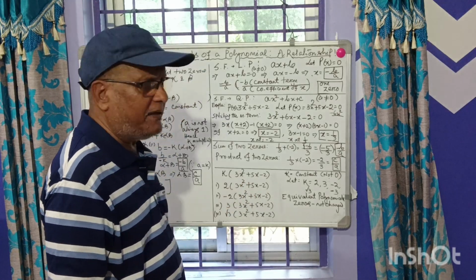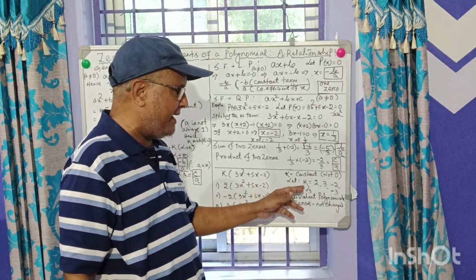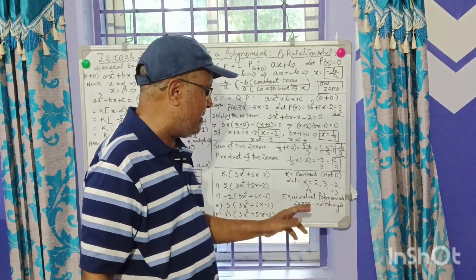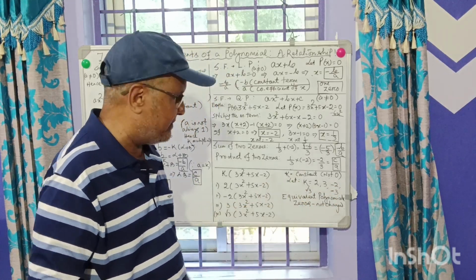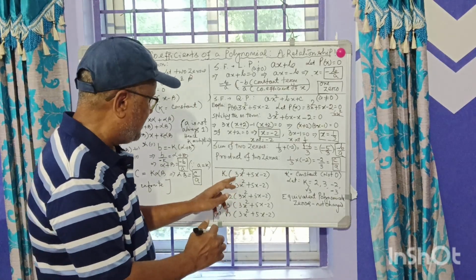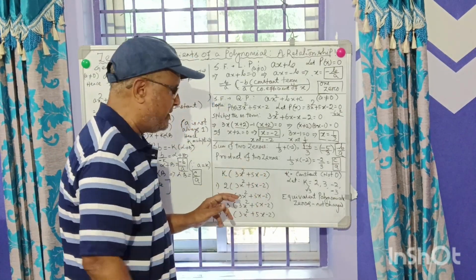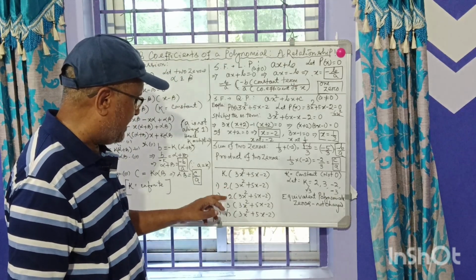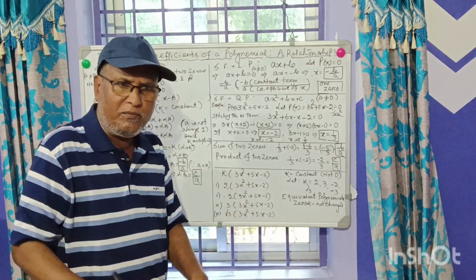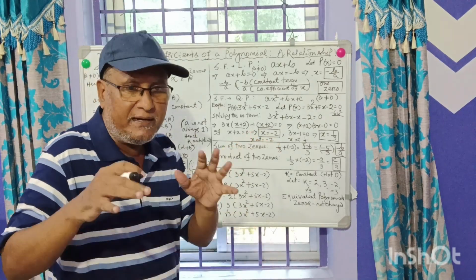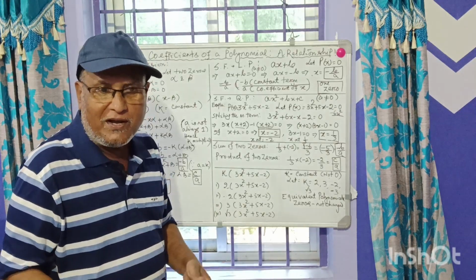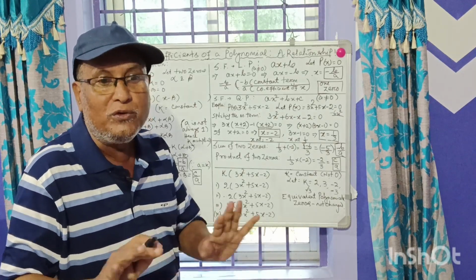So please try taking the value of k as 2, 3, minus 2, minus 3, root 3, etc. If you multiply this quadratic polynomial by 2, minus 2, 3, root 3, please actually do it at home. Find out whether the zeros are affected or changed or not. There will be no change.